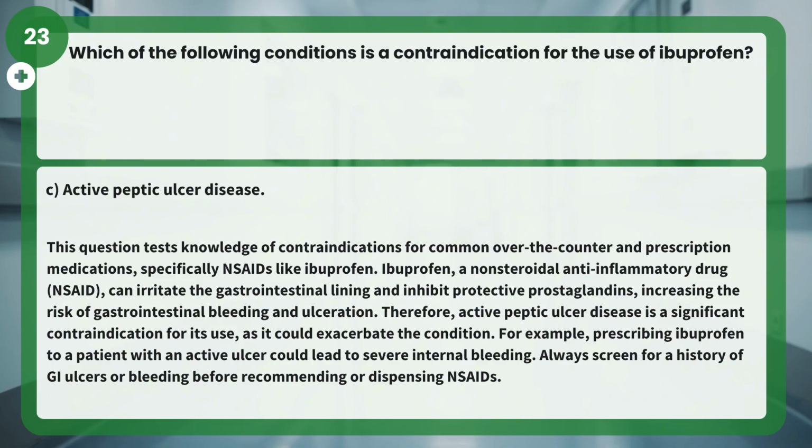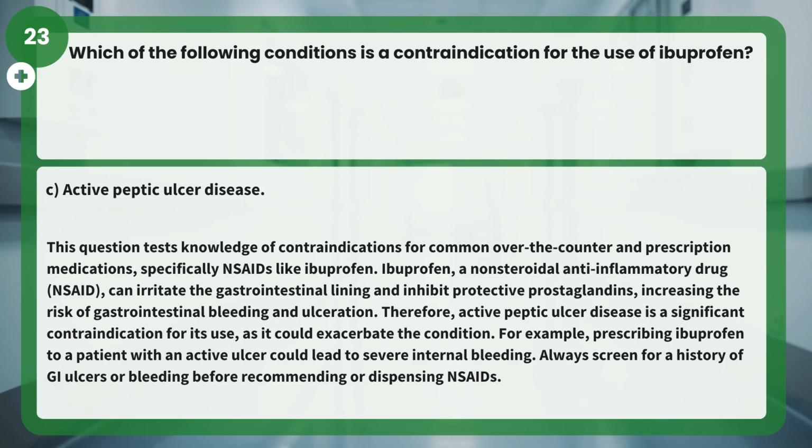This question tests knowledge of contraindications for common over-the-counter and prescription medications, specifically NSAIDs like ibuprofen. Ibuprofen, a nonsteroidal anti-inflammatory drug, NSAID, can irritate the gastrointestinal lining and inhibit protective prostaglandins, increasing the risk of gastrointestinal bleeding and ulceration.